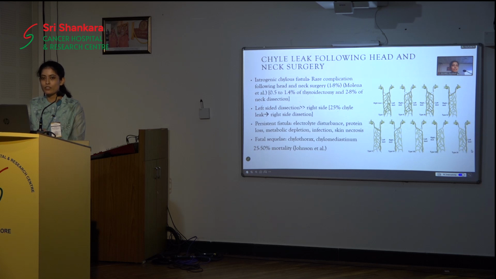So it can cause a lot of inflammation in the postoperative tissue. It can give rise to necrosis of the overlying skin and also precipitate surgical site infection. The complication that we should be really afraid of is the development of chylothorax or chylomediastinum, because it is potentially life-threatening with 25 to 50% incidence of mortality.